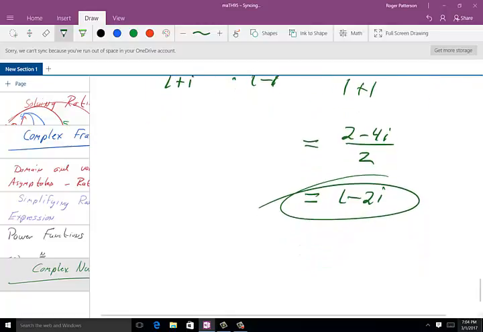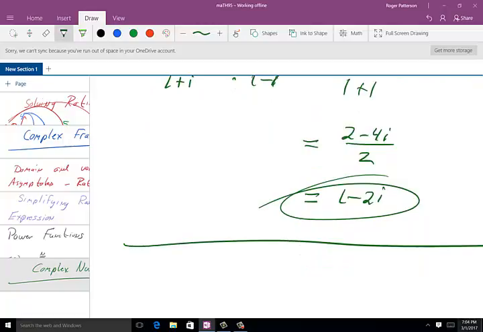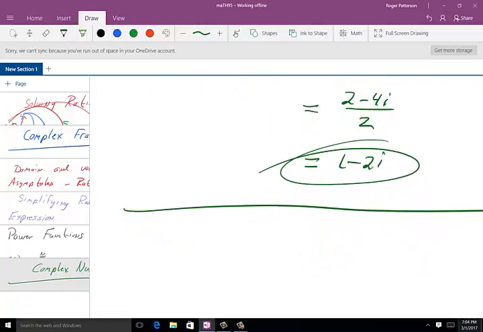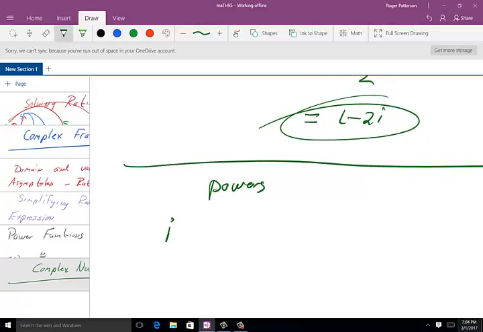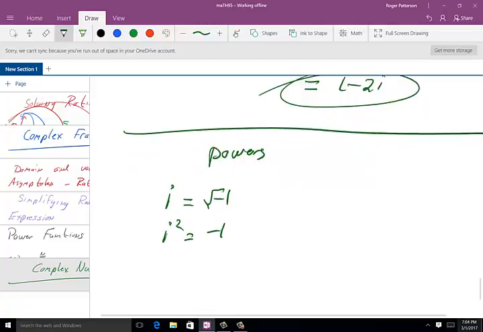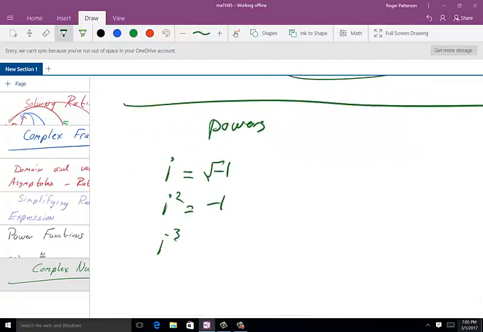I want to do one more thing. Powers. i is equal to the square root of negative 1, and i squared is equal to negative 1. We said that, correct? i cubed is the same as i squared times i.